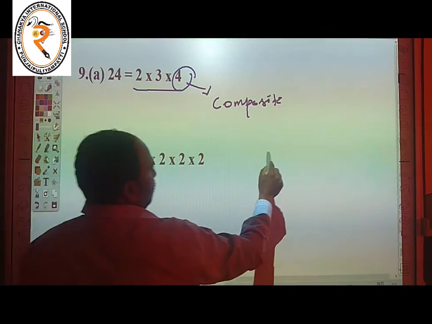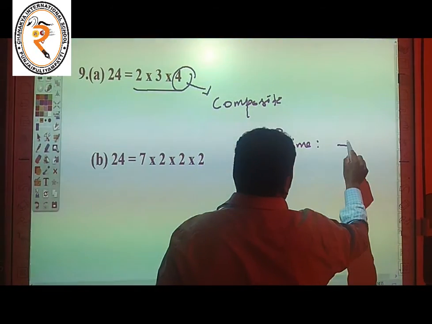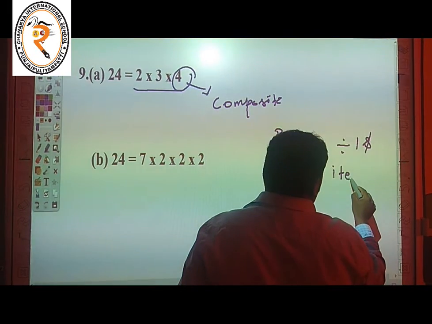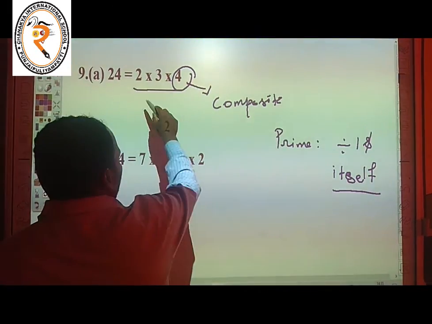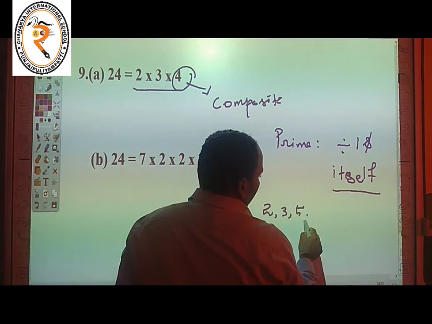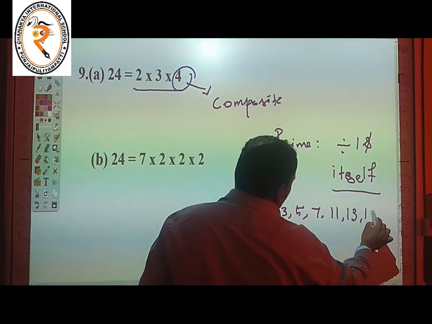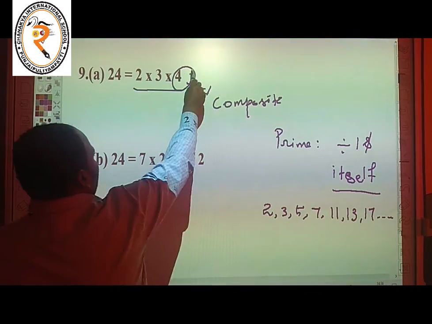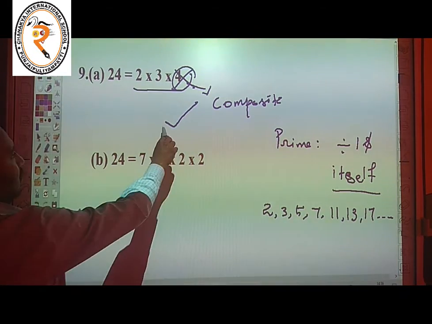Prime numbers means numbers divisible by 1 and itself only. That means 2, 3, 5, 7, 11, 13, 17, and so on. These are called prime numbers. So 4 is not a prime number, so it is not a prime factorization.